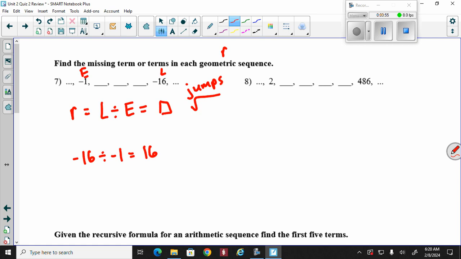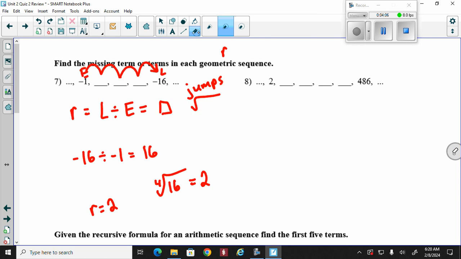Then 1 jump, 2, 3, 4. That's 4 jumps, so I take the fourth root of 16, which is 2. So r equals 2, meaning I multiply every single time by 2: negative 1, negative 2, negative 4, negative 8, and then negative 16.